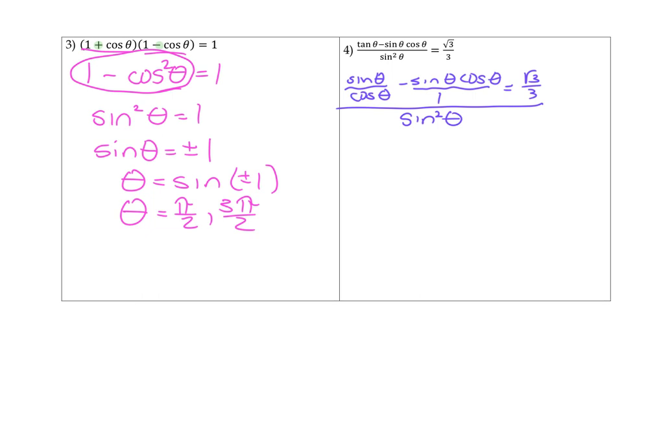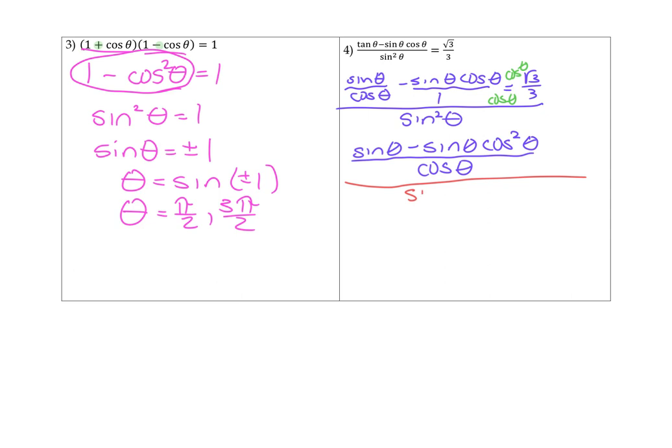So I am going to multiply this second fraction by cosine theta over cosine theta. So that's going to give me sine theta minus sine theta cosine squared theta, all of this over cosine. And then the big fraction bar has sine squared theta on the bottom.